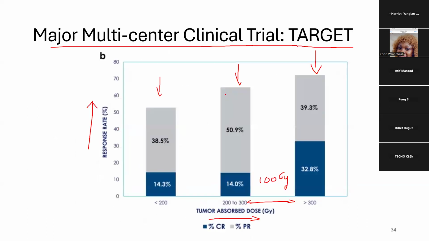Just because of how you reconstruct the images, you can interpret that the patient is going to respond, or is not going to respond. This creates a big variability, and it's not because of how the patient is being treated. It's just how you image the patient.